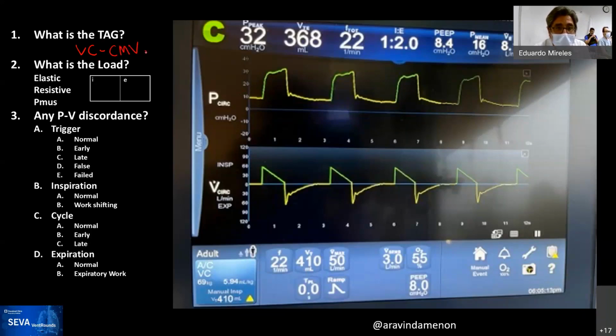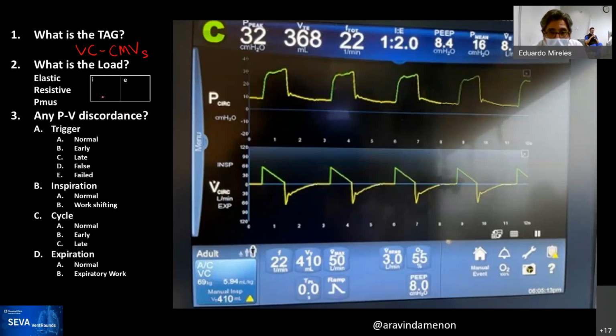In terms of the load, I feel like the patient is fairly passive for inspiration.